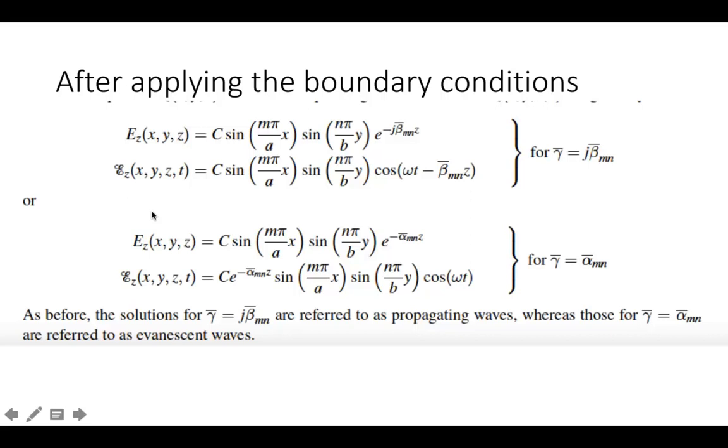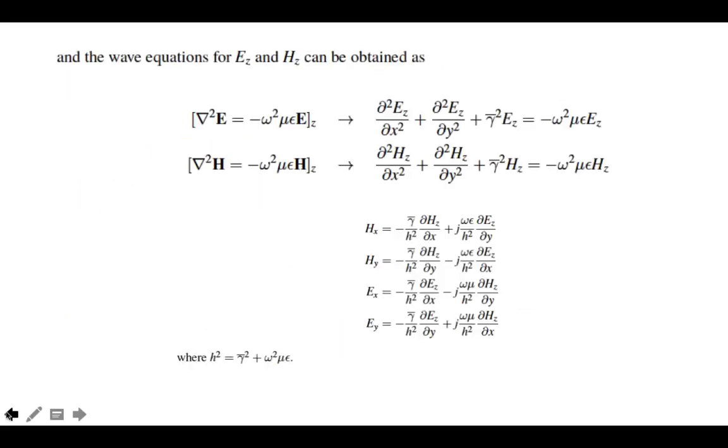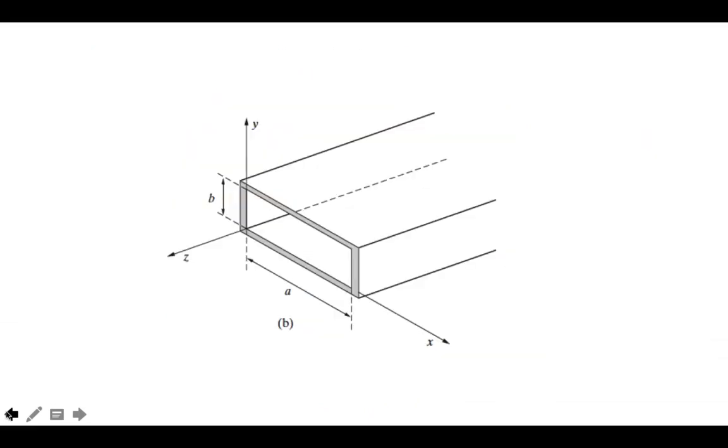So remember that when we apply the boundary conditions, that field has to go to 0 at, let's go back and pull up the figure because I don't remember. I think y is b and x is a. Yeah, it has to go to 0 at y equals 0 and y equals b, and at x equals 0 and x equals a. So we have two parameters, height and width.